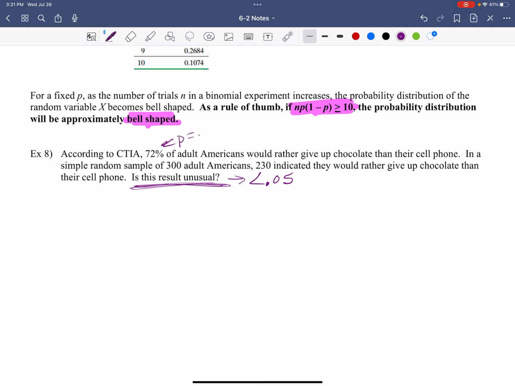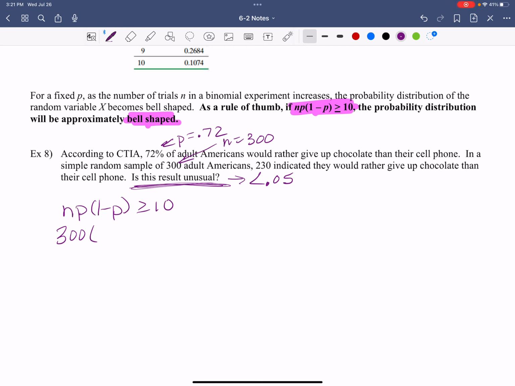So P is still equal to 0.72. My N is still equal to 300 that we're working at. So then that's what we're plugging in. N times P times 1 minus P has to be greater than or equal to 10. So let's plug this in. My N is 300.